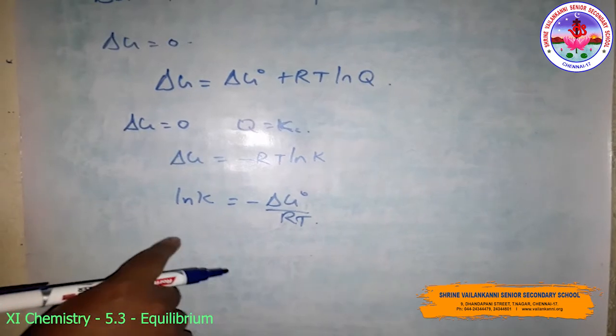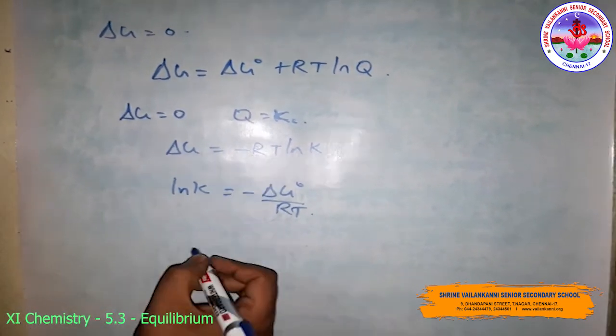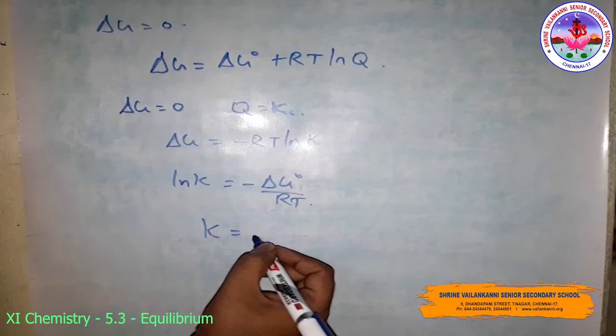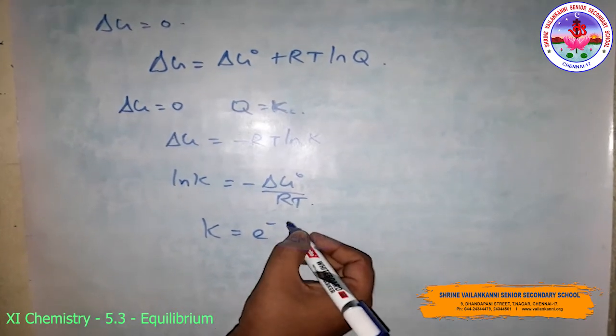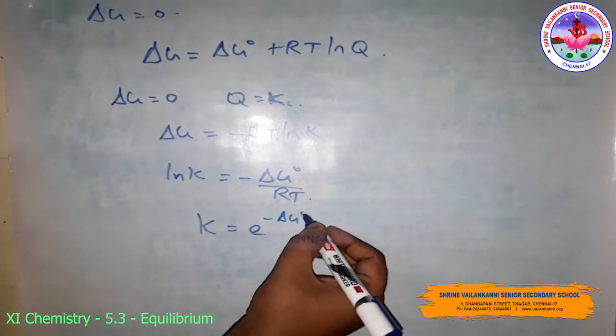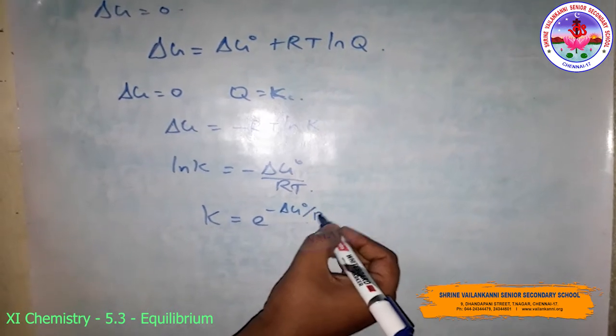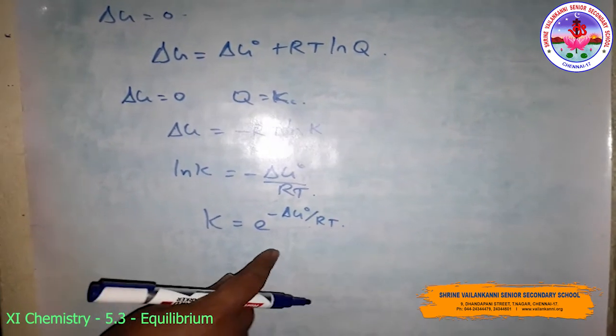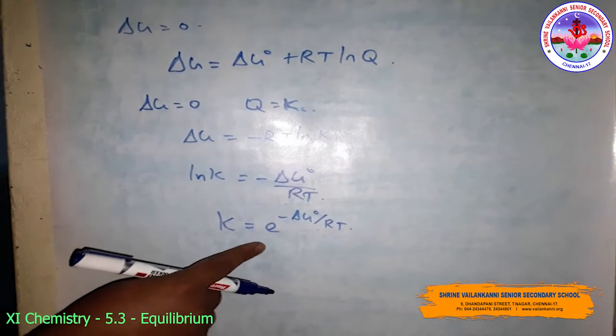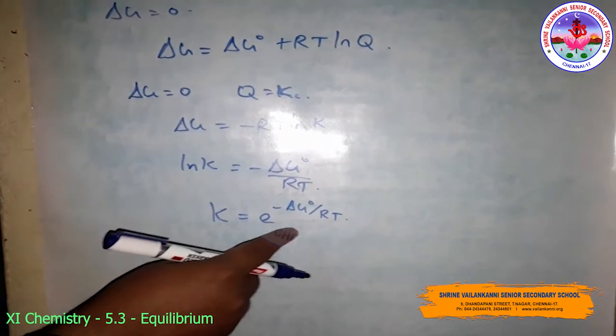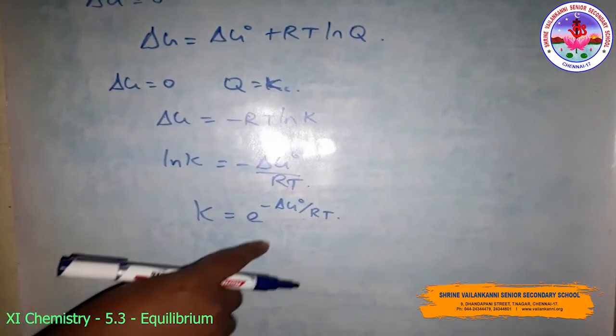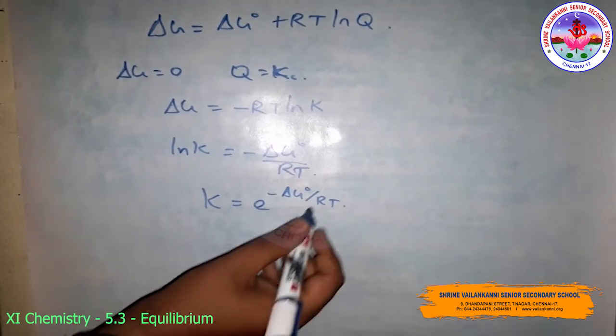Taking the antilog of both sides, we get K is equal to e to the power minus delta G naught by RT. Using this equation, the reaction spontaneity can be interpreted in terms of the values of delta G naught.